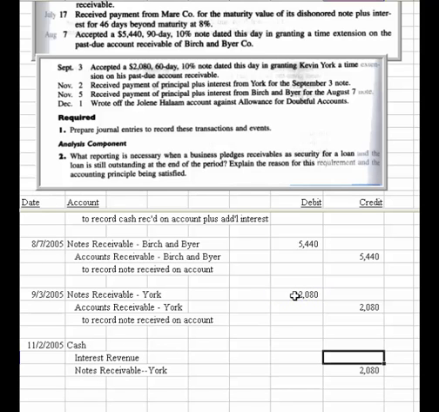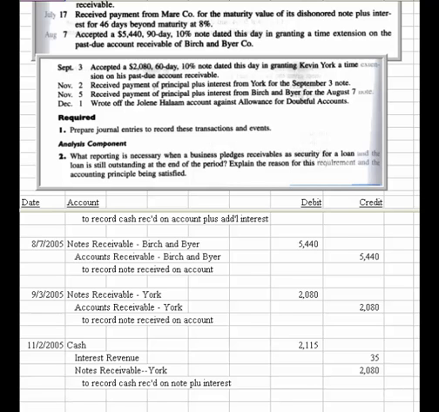The interest revenue would be equal to 2,080 times what? 10% on the York note? That's correct. Times 60 days. So this one would be equal to the principal amount plus interest. And then we just need to say to record cash received, I'm going to abbreviate on the note, plus interest.